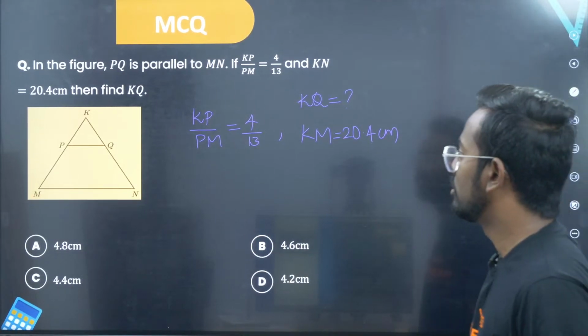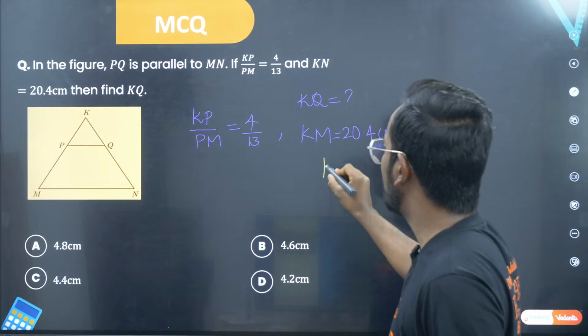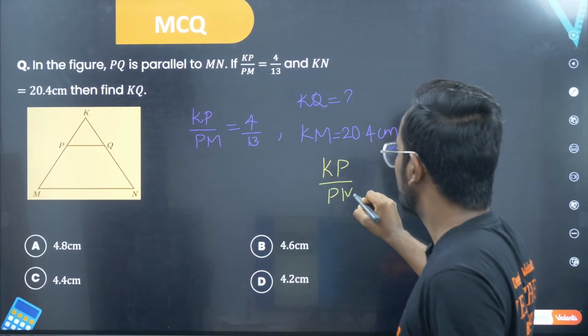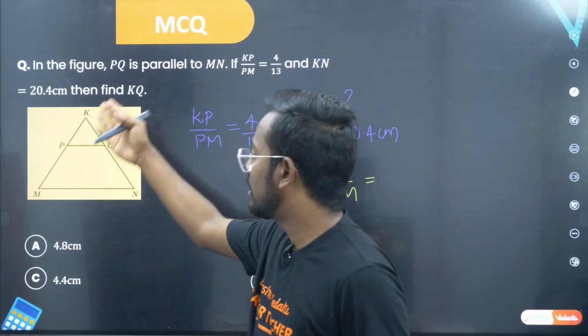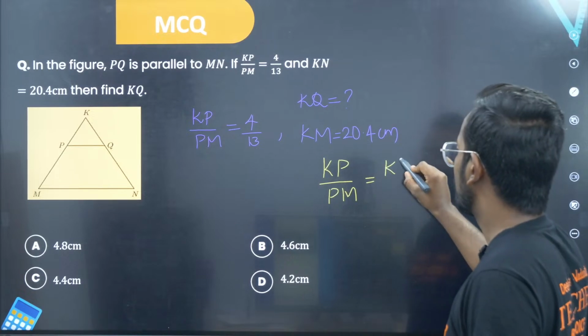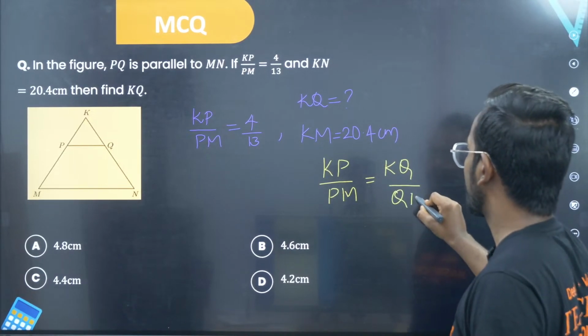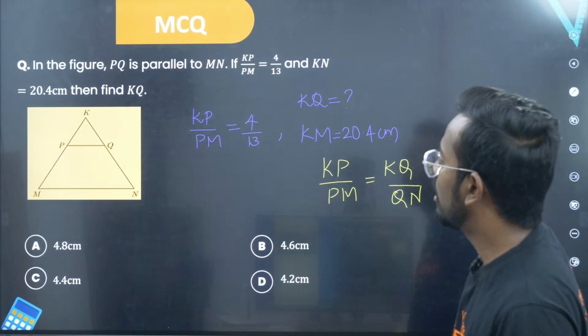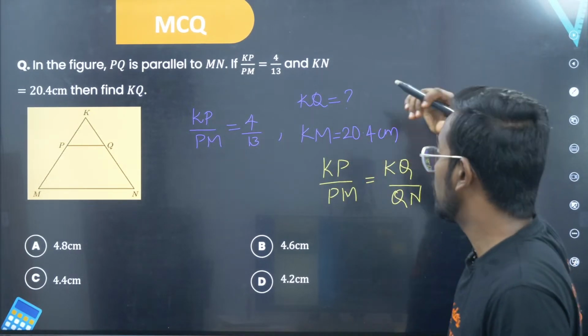The question is very simple. You just have to use the BPT theorem to solve this. KP by PM should be equal to KQ by QN. Or I want KM and KQ, no?